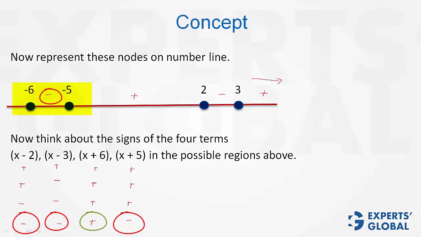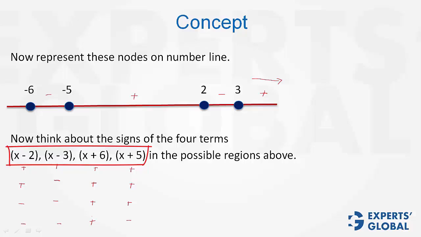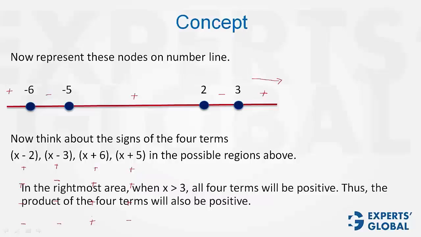Effectively, we will have a negative value in this range. Lastly, below -6, all the 4 terms will become negative, and therefore, practically, we will have a positive value of the polynomial. So the graph would look something like this. See, rightmost positive and then alternate negative and positive signs.